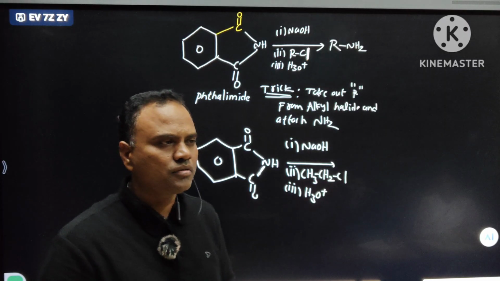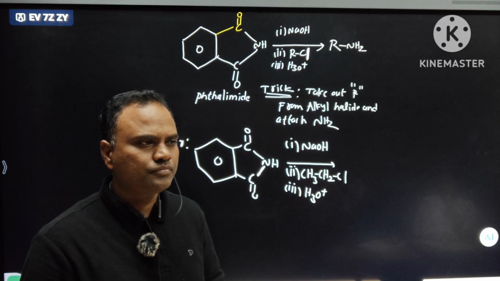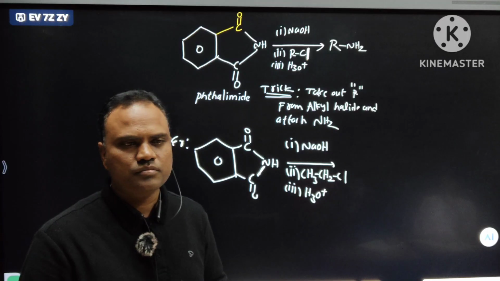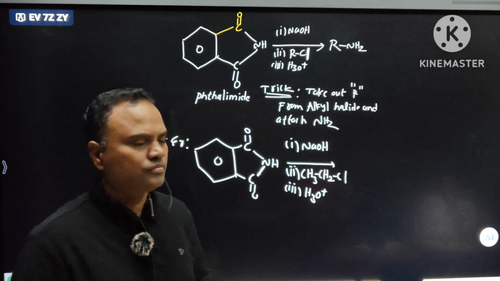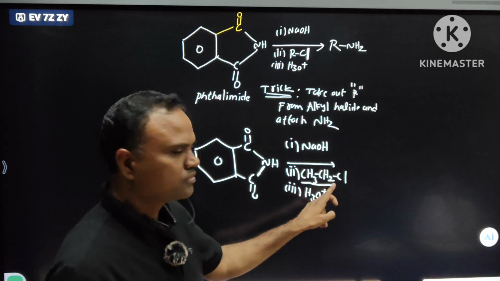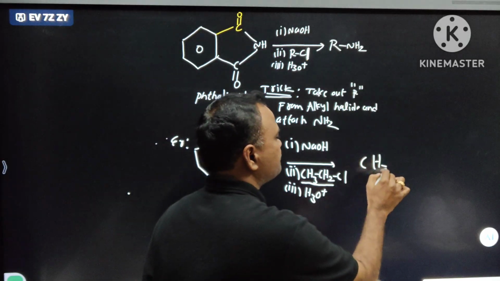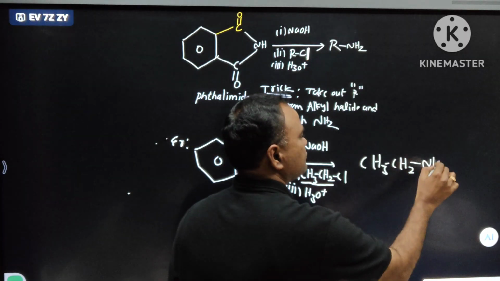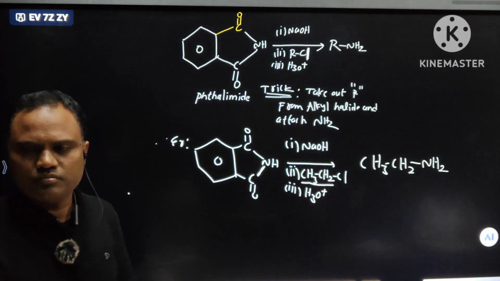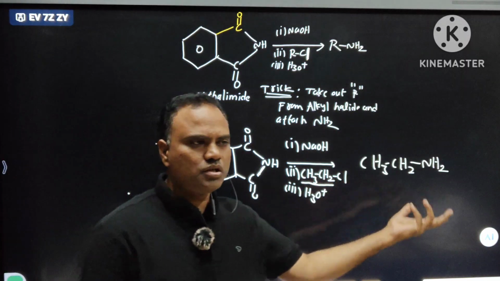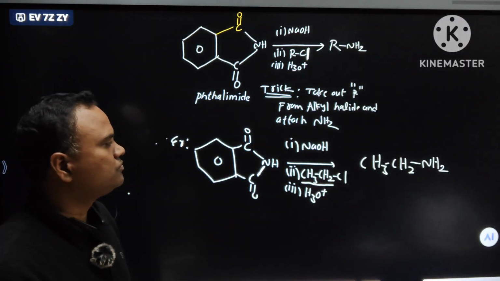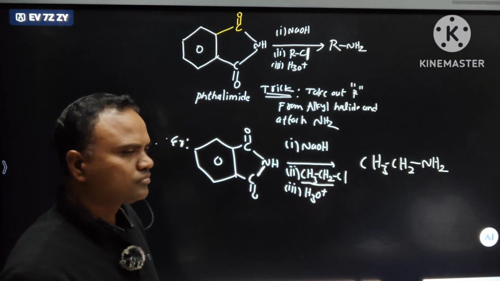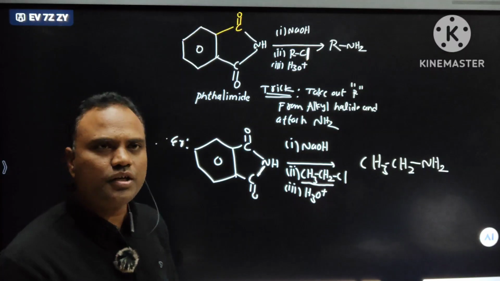What is the trick? What is R here? Write R. Next, attach NH2. Take R, attach NH2. Over. Primary amine. Did you get it, online students?